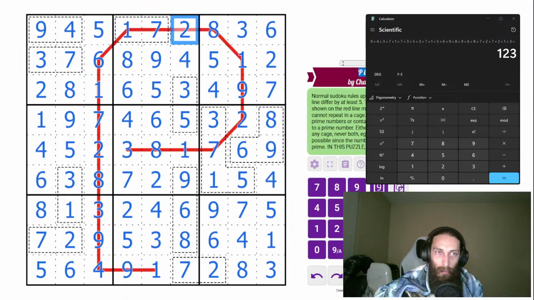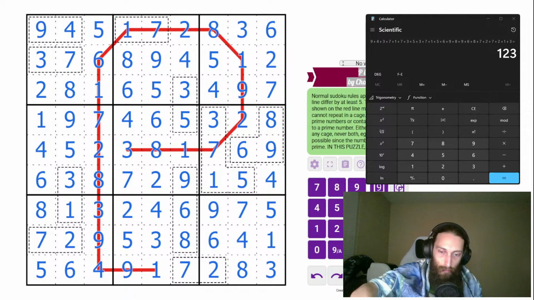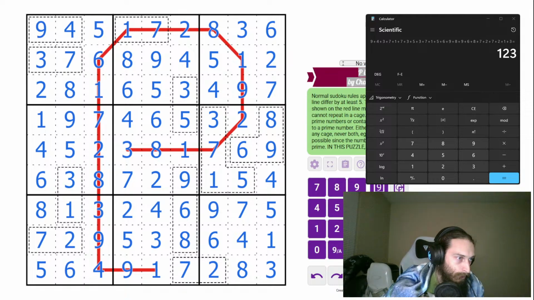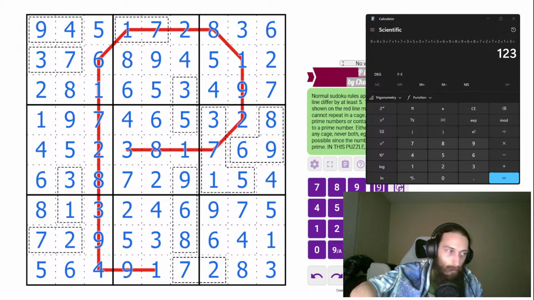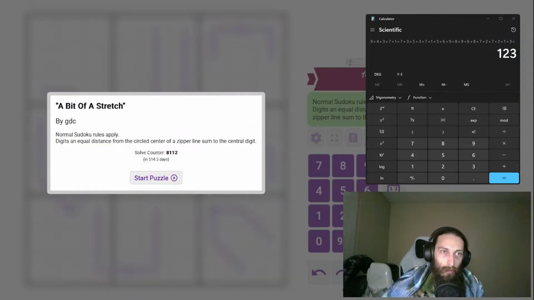So, submit rating. That's not the button I want. Paste. Alright.